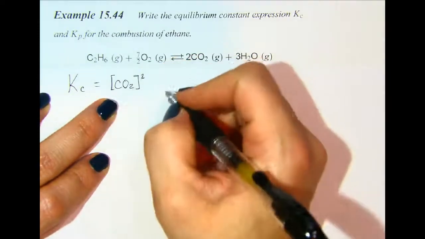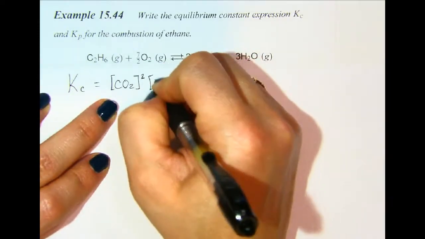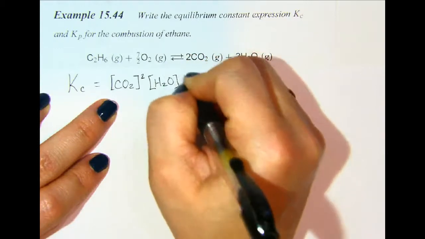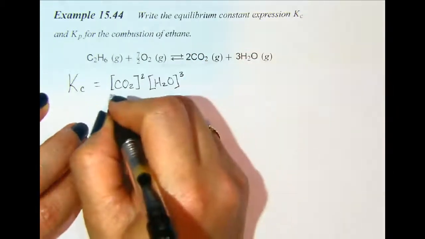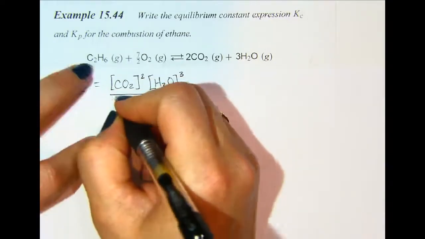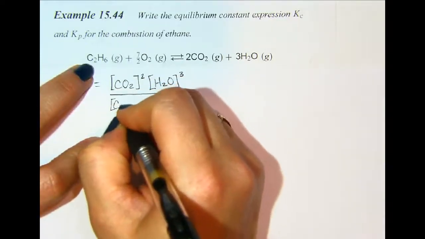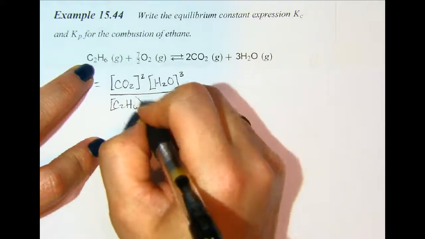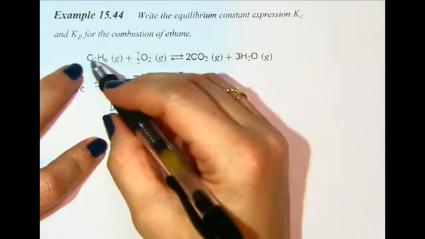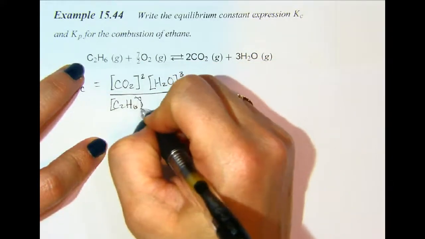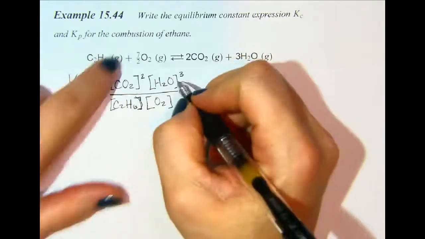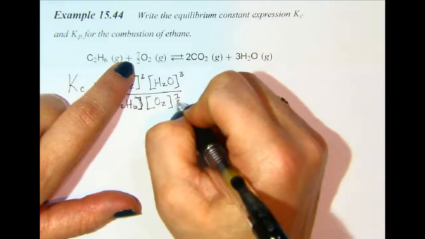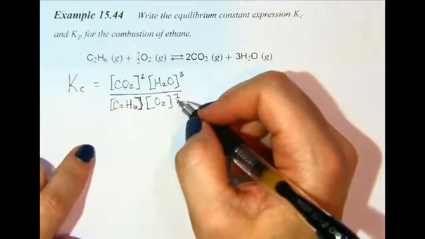So it's going to be carbon dioxide squared times water cubed, water raised to the third power. So products over reactants. Now I'm going to put in the denominator C2H6 or ethane, and that's raised to the first power, times oxygen O2 raised to the 7/2 power.